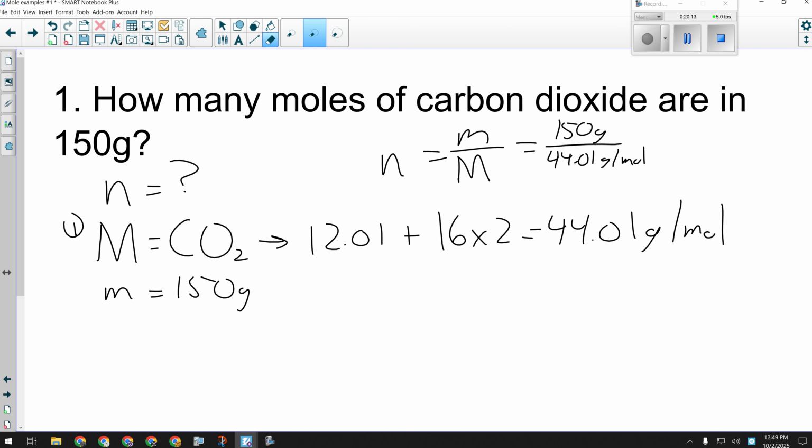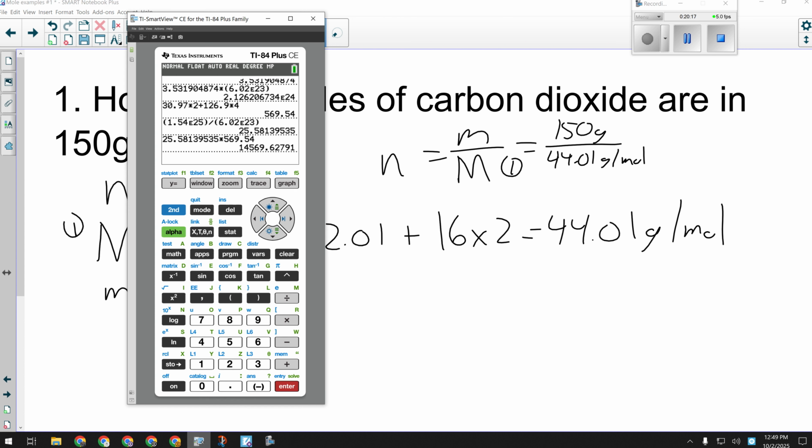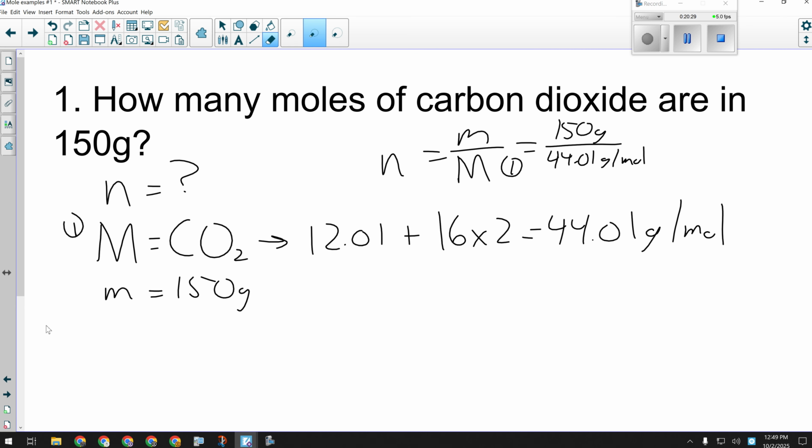So you'd get 1 for your givens, 1 for your math, and then 1 for your answer. So 150 divided by 44.01. So we would have, to two decimal places, 3.41 moles. Okay, that would be your third and final mark for number 1.